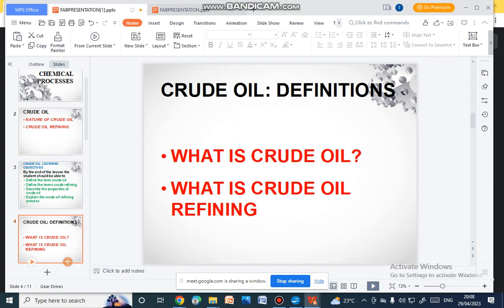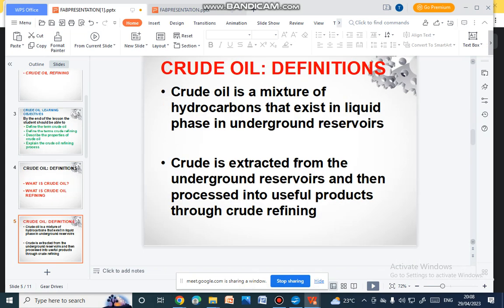Now, straight away, let us go to the definitions that are pertinent to this topic. What is crude oil? What is crude oil refining? Crude oil is a mixture of hydrocarbons that exist in liquid phase in underground reservoirs.